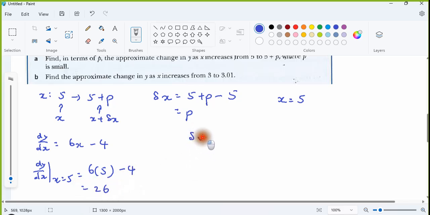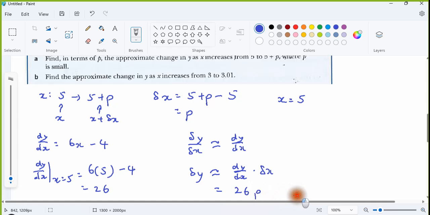So dy/dx when x equals 5 is 6 times 5, 30, minus 4, which is 26. So we know that del y over del x is approximately dy/dx, so del y is approximately dy/dx times del x. So this is 26p. Okay, 26p is the answer. Why?